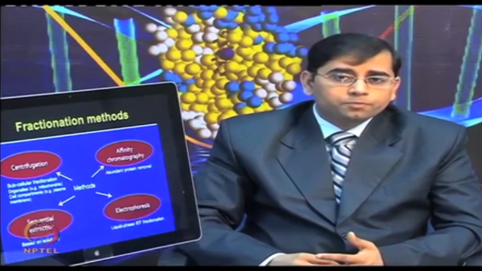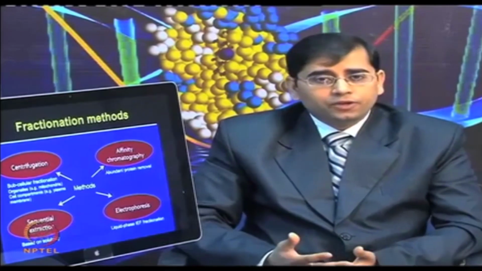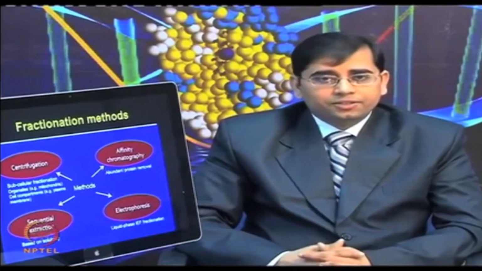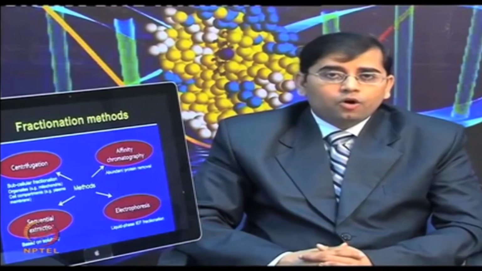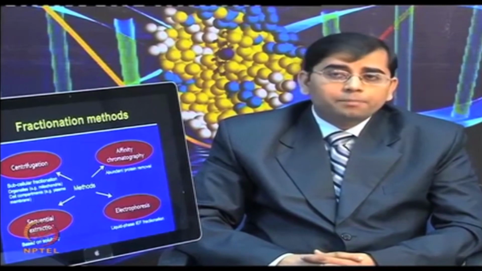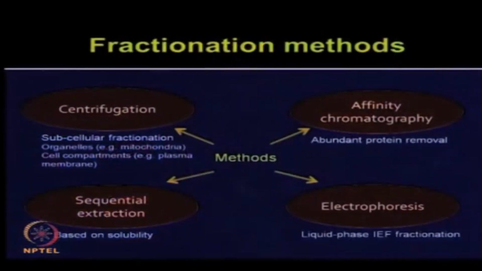The simplest approach, when looking for an organelle or a specific type of proteome, is to use different ways of centrifugation and ultracentrifugation, for subcellular fractionation of organelles such as mitochondria or chloroplast, or cell compartments such as the plasma membrane. Different types of chromatography methods can be used for fractionation.